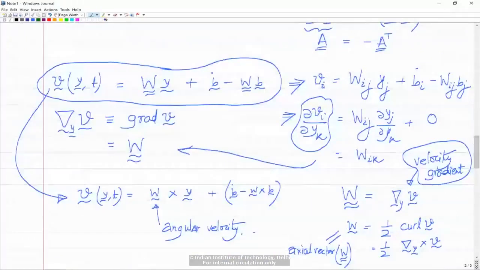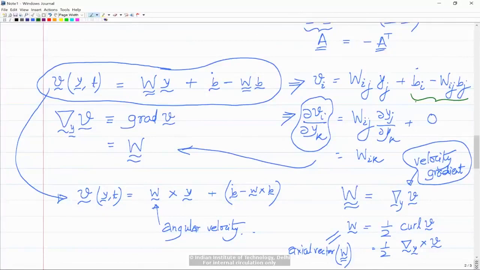Sir, you took the derivative, dou Vi divided by dou Yk equal to Wij, dou Yj divided by dou Yk. So you took the second part as zero. How did we do that? See, because the second part, this part over here, does it depend on Y? It is not dependent on Y, no? Thank you, sir. I just didn't hear it.